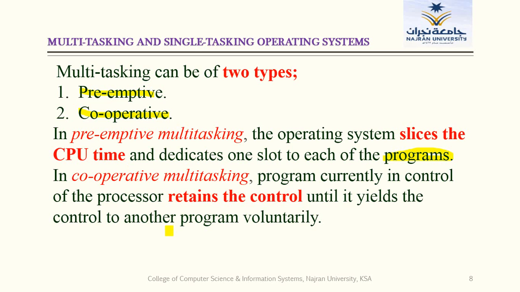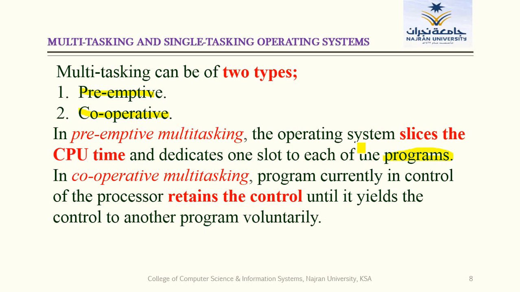Then in multitasking, there are 2 types: preemptive and cooperative. In the preemptive approach, we divide the CPU time into small slots, small slices, small portions, and we give each portion to one program.